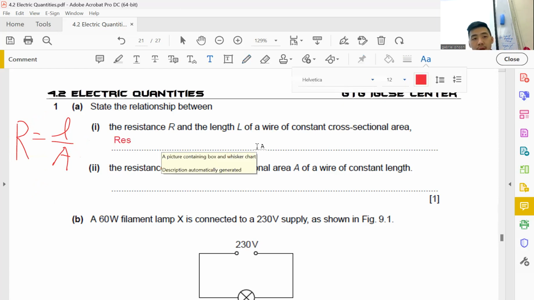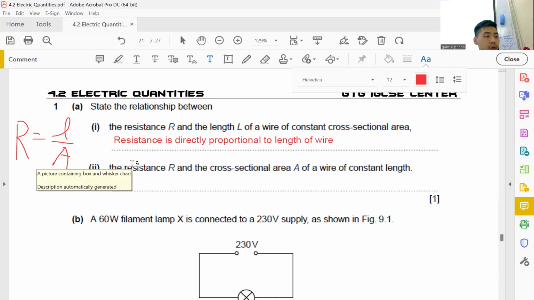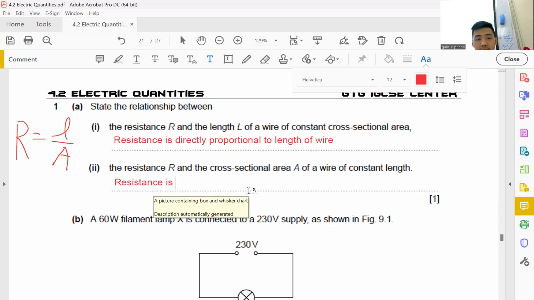Resistance is directly proportional to length of wire. Or you can say R is directly proportional to L, which is acceptable as well. And if I ask you about the cross-sectional area, then resistance is inversely proportional to the area.